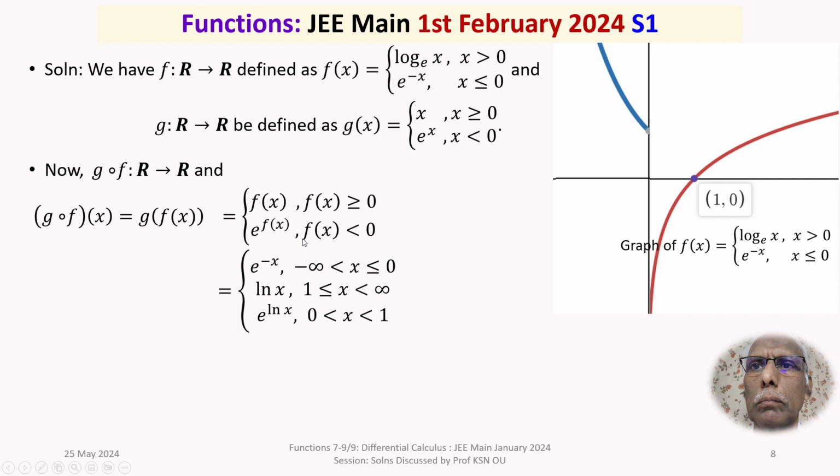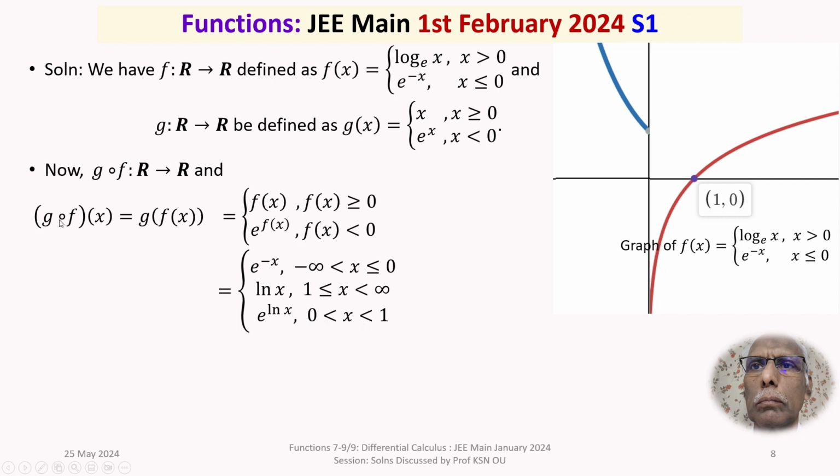And f(x) is positive, greater than or equal to 0, where f(x) is ln x, when x is greater than or equal to 1. And where is f(x) negative? ln x is negative between 0 less than x less than 1. That is e power f(x), e power ln x, for 0 less than x less than 1.